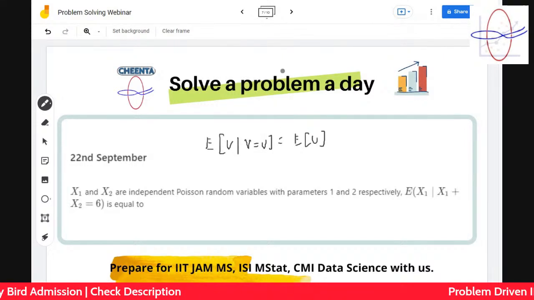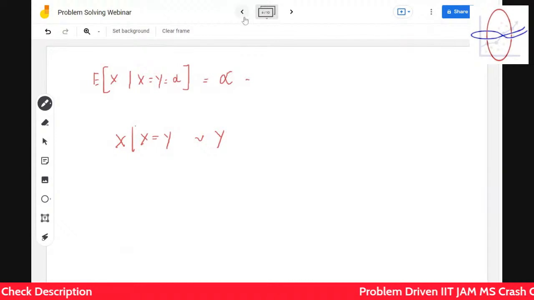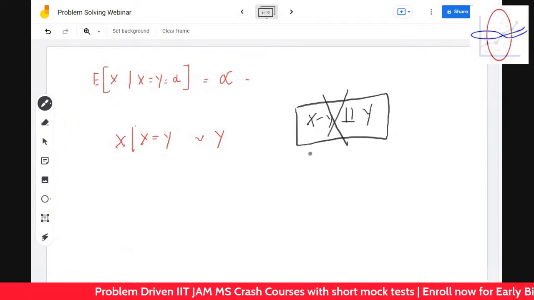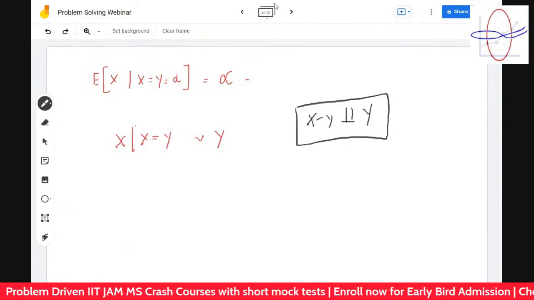See, Tishika, I told you, that's why I gave a warning. This is only true if and only if X minus Y is independent of Y. Otherwise not. That's what I've proved here.